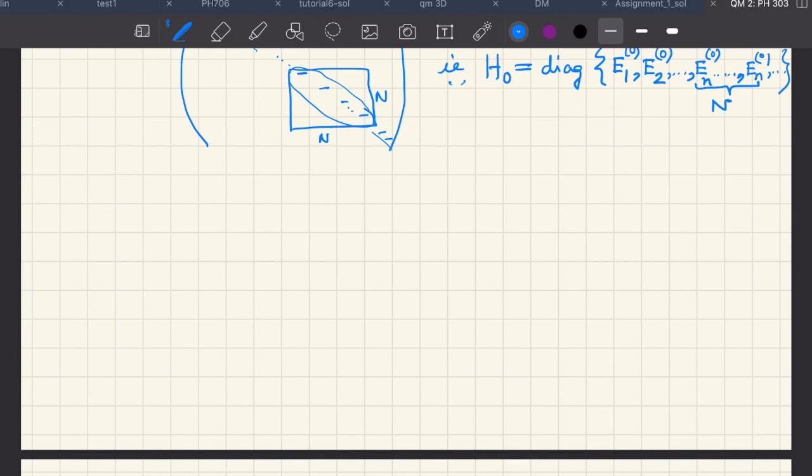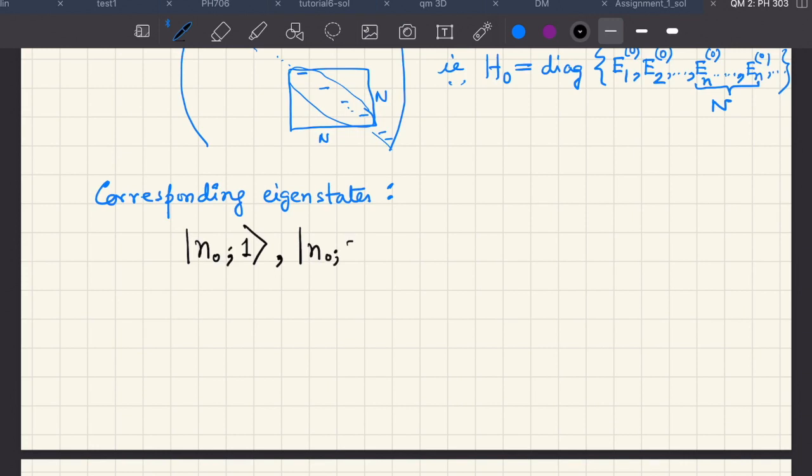And how do we denote the corresponding eigenstates? We will denote them by |n^0; 1⟩, |n^0; 2⟩, up to |n^0; N⟩.